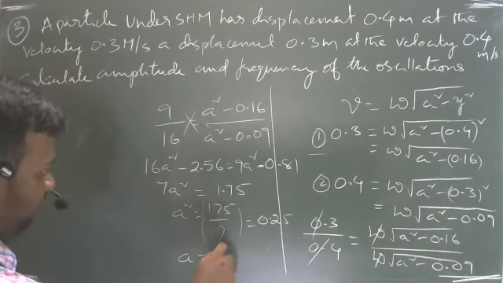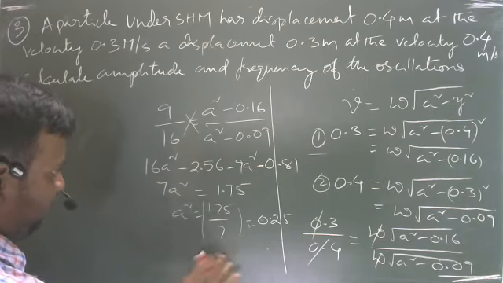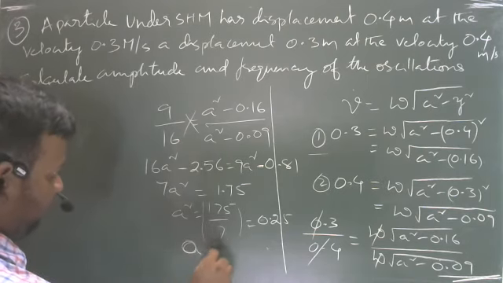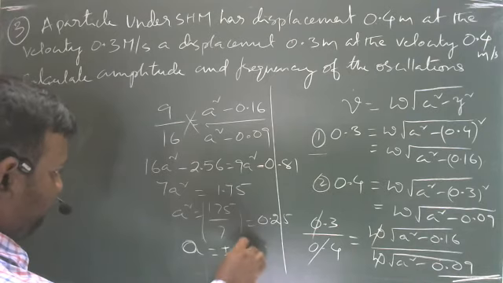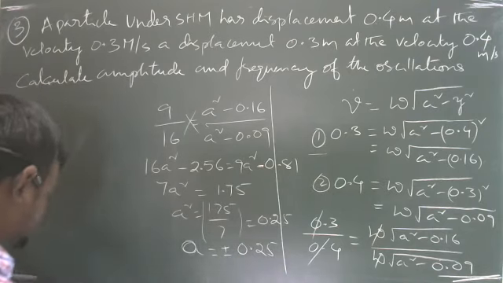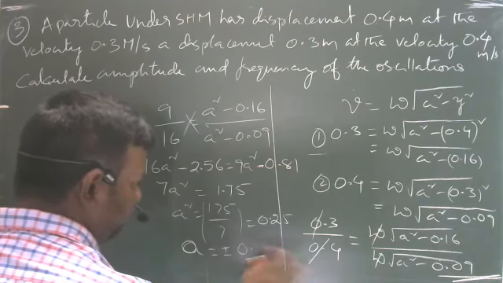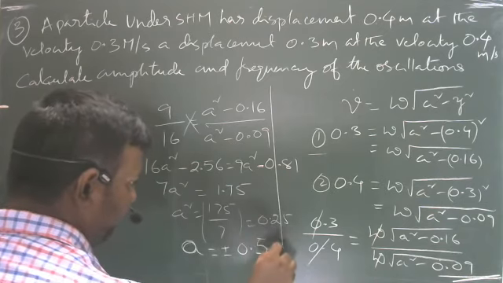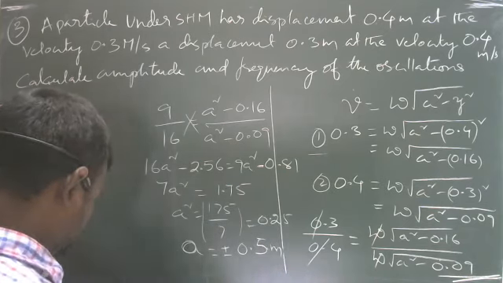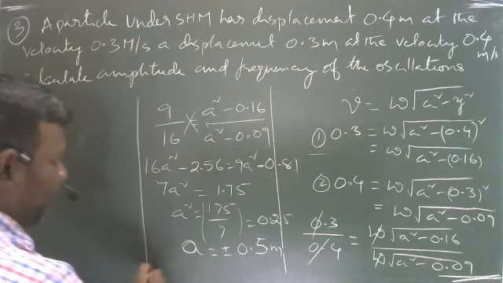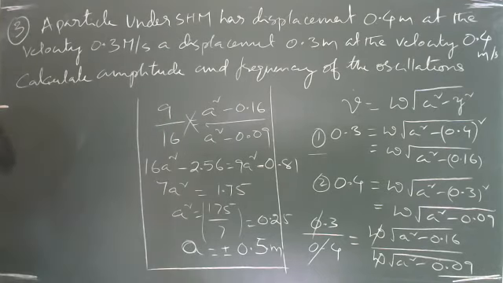Therefore a is equal to plus or minus 0.5 meters. Here I got the amplitude value.